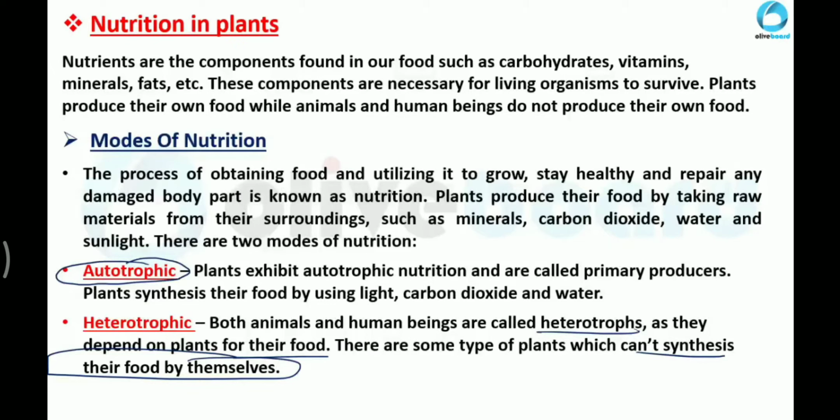Auto means itself, so autotrophic means who can prepare their food by themselves. Heterotrophic means you are dependent on some external factor to fulfill your requirement of nutrition, and that kind of plant, animal, or human being is known as heterotrophic or heterotrophs.